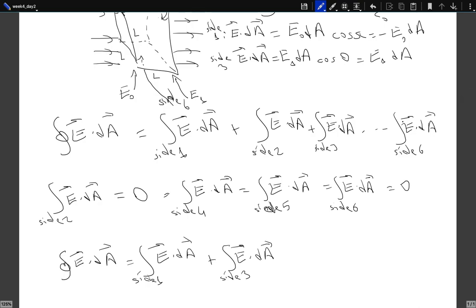So now we are back to these integrals. On side 1, the integral of E dot dA, which we had just said is equal to minus E0 times dA. This is this integral. And now on side 3, we have E dot dA, but that is E1 times dA.